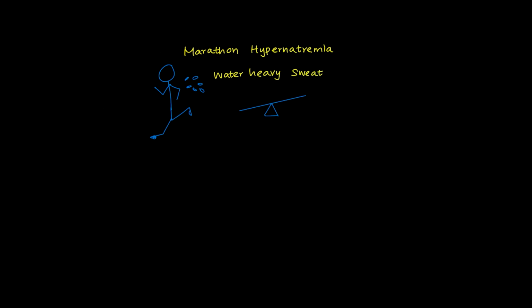Diane's marathon story is a classic hypernatremia setup, and the mechanism comes down to what her body was losing through sweat. Sweat looks salty, but compared to blood plasma, it actually contains proportionally more water than sodium. When you sweat heavily for hours in summer heat, you lose large volumes of water while only losing a smaller amount of sodium. The sodium that stays behind gets concentrated in a shrinking blood volume.